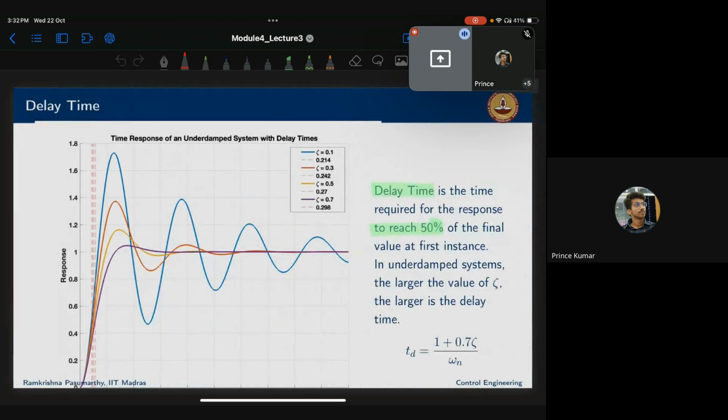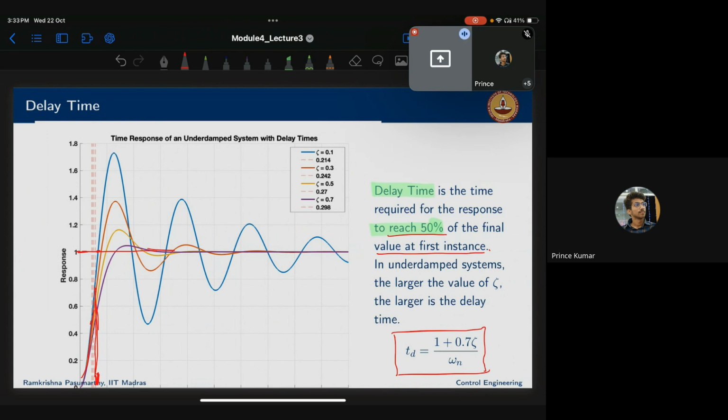Next, delay time. Delay time is the time required for the response to reach 50% of the final value at first instant. That means when you start here, this is your value, this is your reference, and somewhere at 50% of this reference, this is the time. That time is Td.